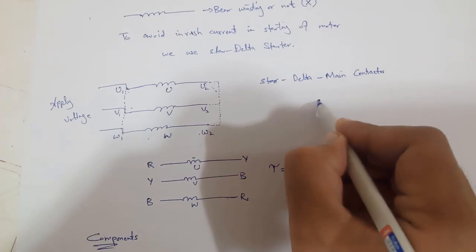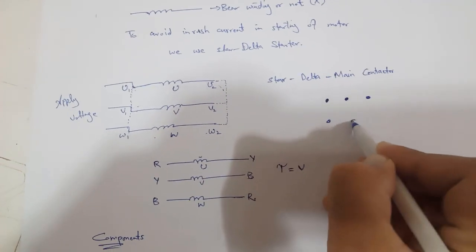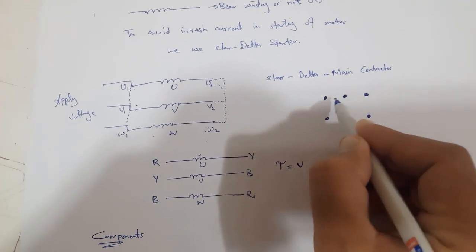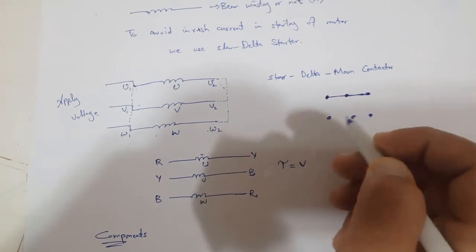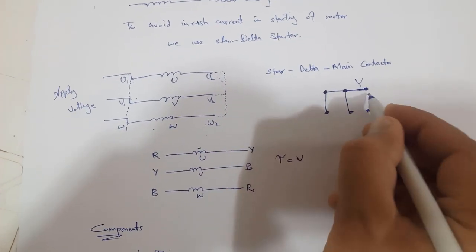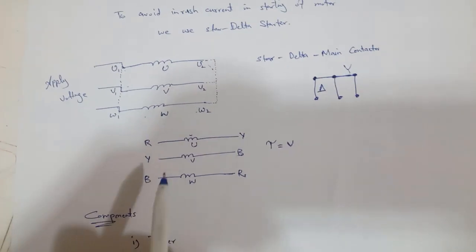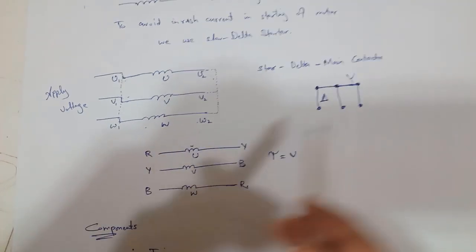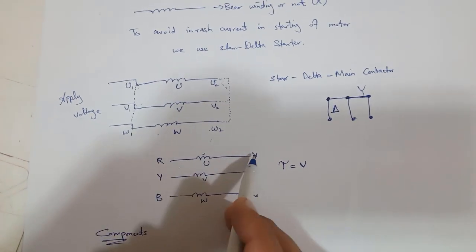If we see it in practice, there will be 3 connections outside like this from a motor. If this is connected like this, it will be star, and connected like this, it will be delta connection. Here you see, same like delta, 3 windings: red, and this is the end.